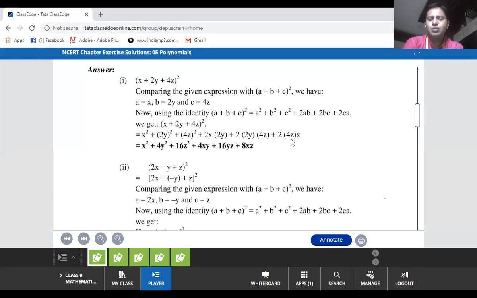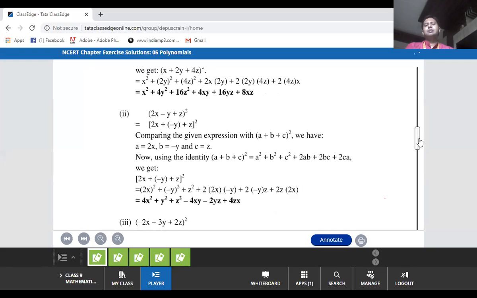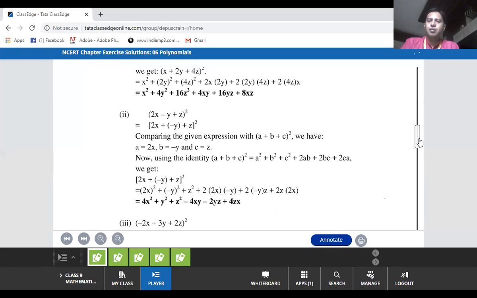Now, the second question says 2x minus y plus z whole square. We can write this as 2x plus (minus y) plus z whole square. While comparing with a plus b plus c whole square, we get a equal to 2x, b equal to minus y, and c equal to z.